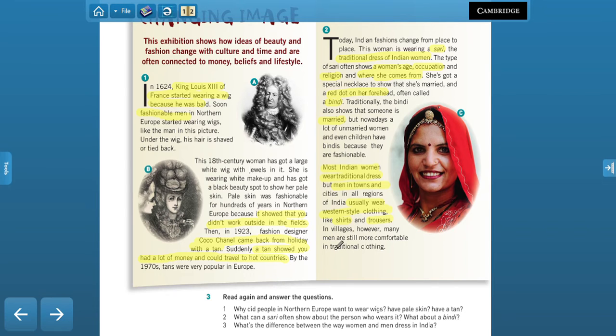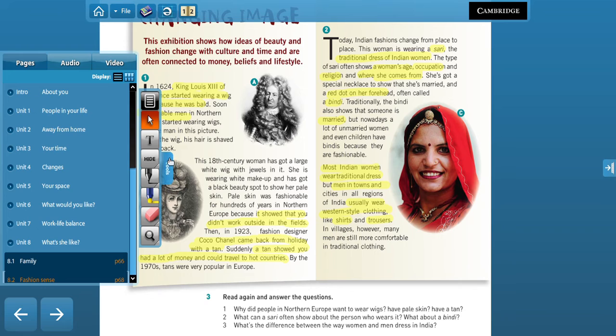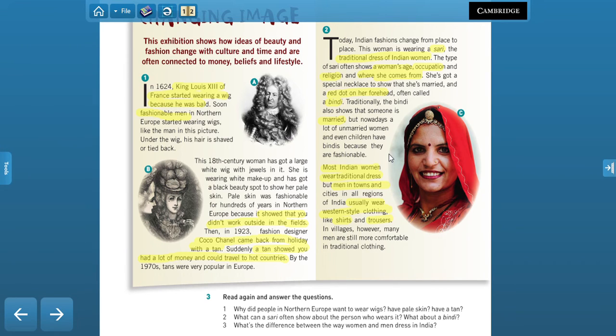Now, there are some villages in which men are still more comfortable wearing traditional clothing. So this is more of a preference thing, right? Sometimes within that, women wearing traditional clothes and men that don't do it is kind of sexist maybe, and it has to do with gender issues, because why women and not men, right? But sometimes women like to wear their traditional clothes.